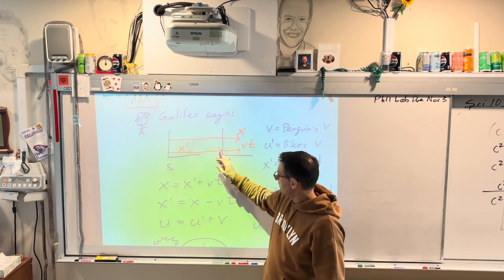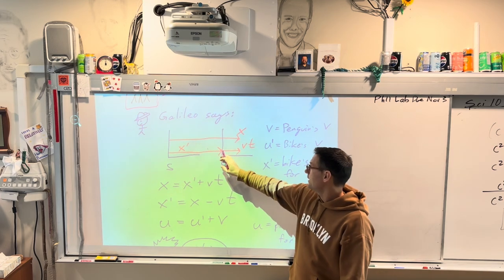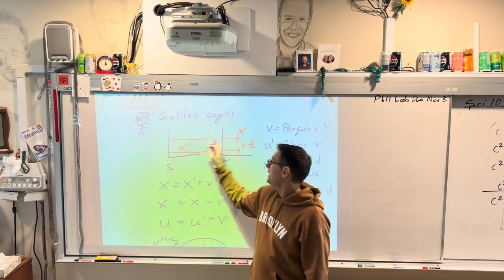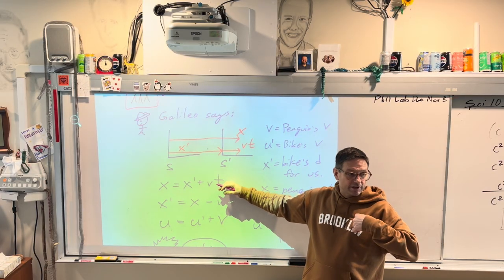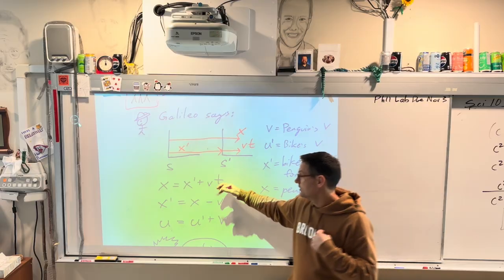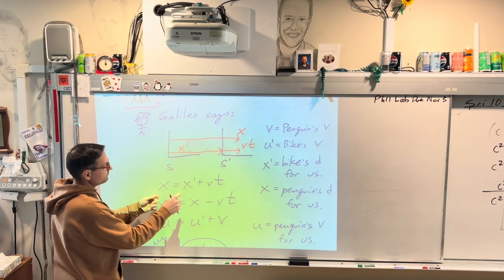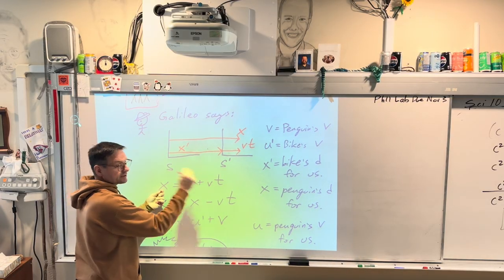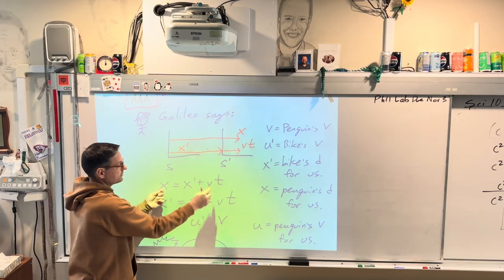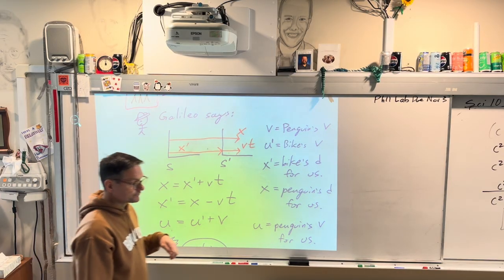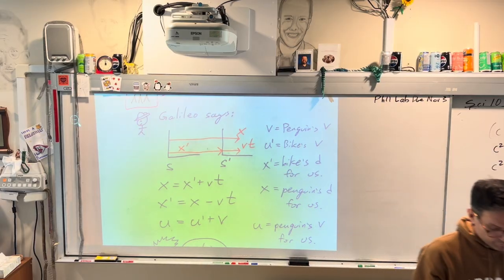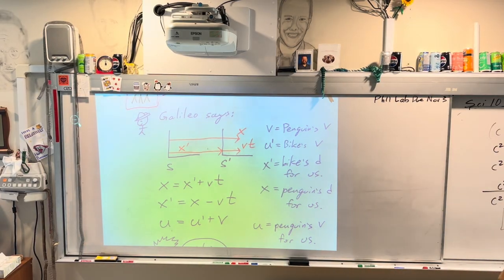S prime moves, so the bike moves, and the penguin moves, and we add those together to get the distance that the penguin moves that we see. This is x. So it's how far Arsha moved on his bike plus the penguin's distance in his reference frame. This is what Galileo says.